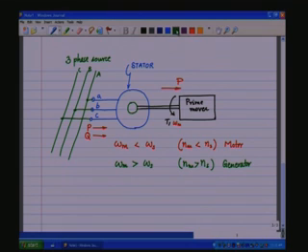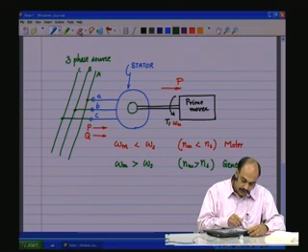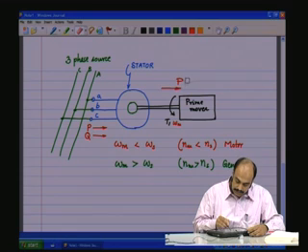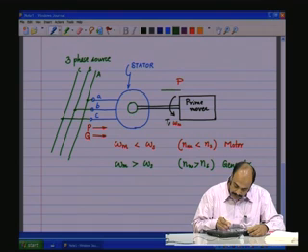So in this mode, the prime mover, whatever, or the load side, the mechanical side, is now actually giving the power, the active power. So during this time, we have a reversal of flow of the power, and that is in this direction.